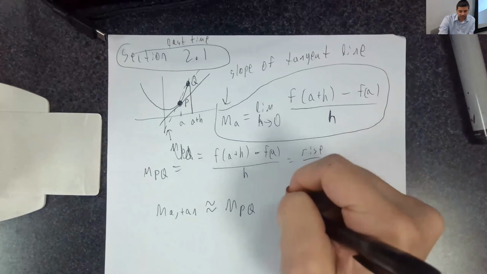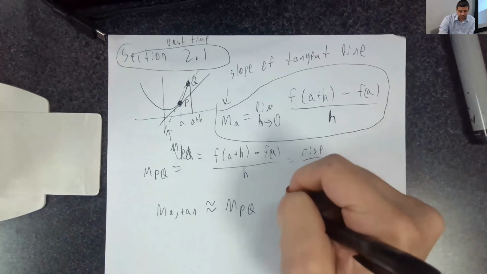Average velocity. So the average from 5 to 5.1, right? It's the slope of a secant line. It's just the slope between 2 points.